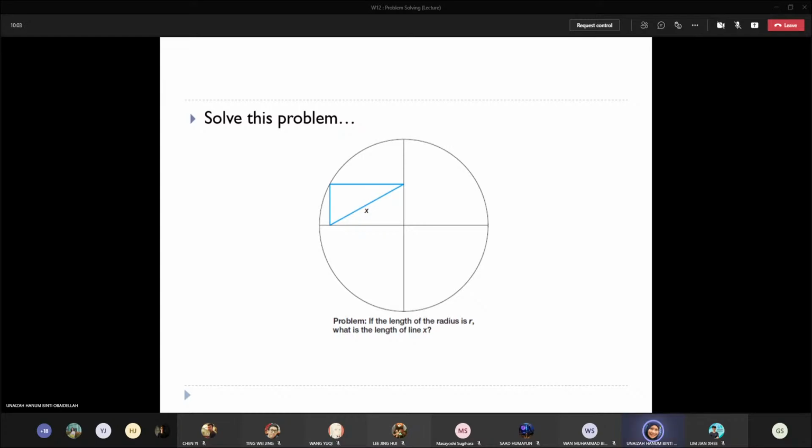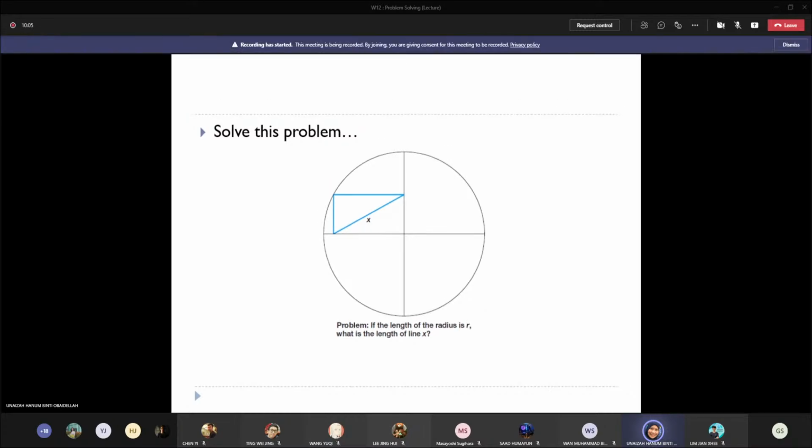Can we use Pythagoras? Theorem Pythagoras, right? So what would be the formula if we were to use Pythagoras? Come on, your maths is supposed to be better than mine.